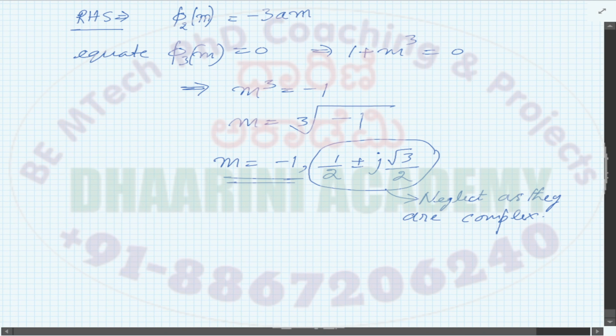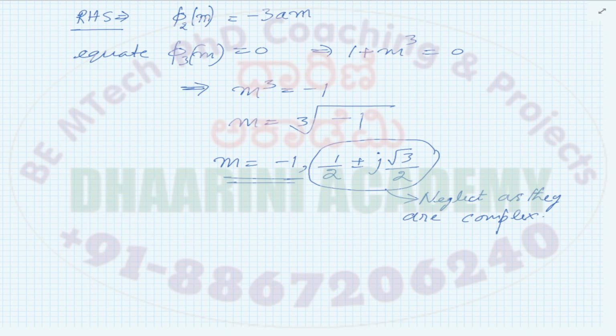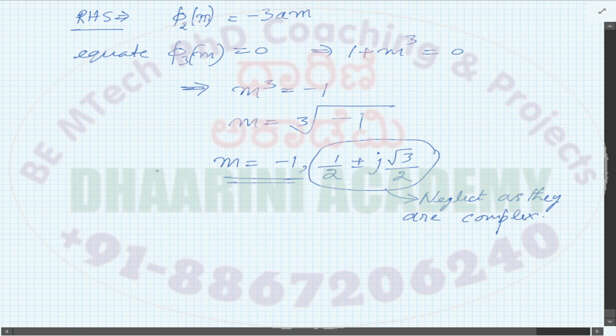The second step is to find the constant c, because the constant is going to be the y-intercept of whatever line you are going to draw. This m is nothing but the slope. Just write this is the slope m, the slope of your asymptote, because an asymptote is a straight line.